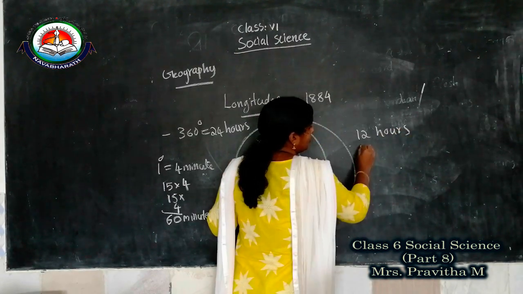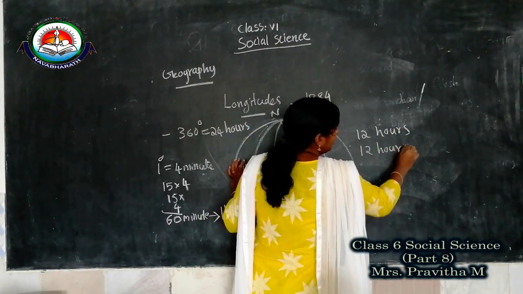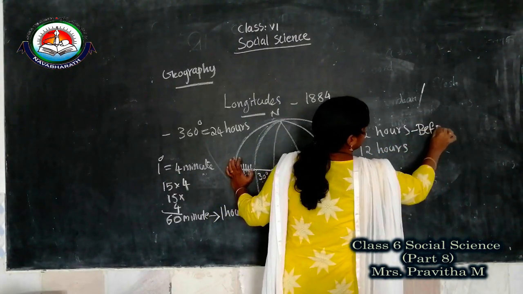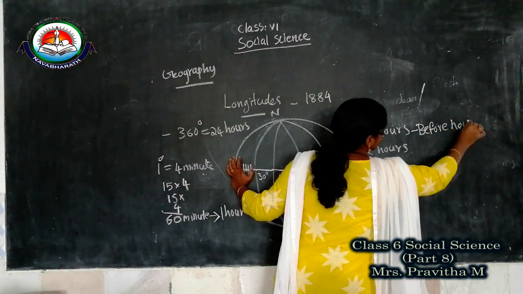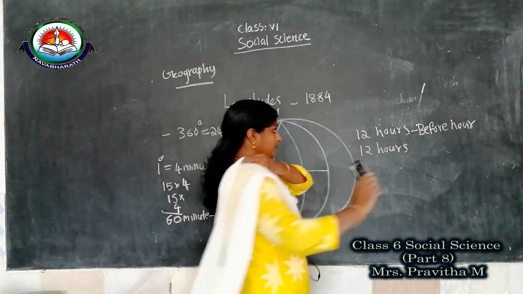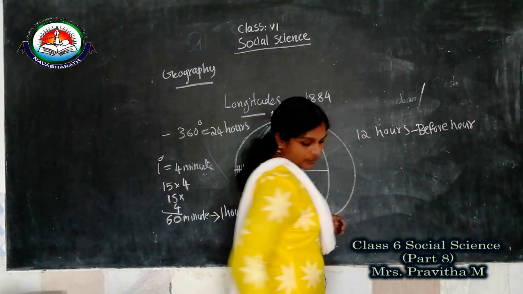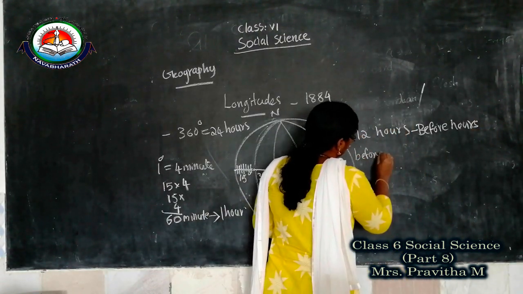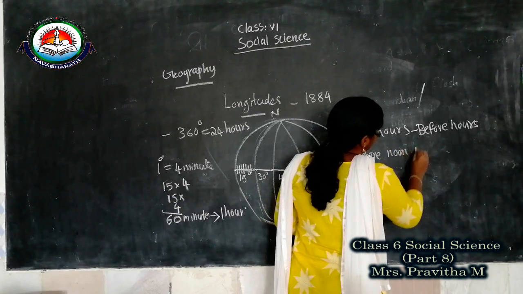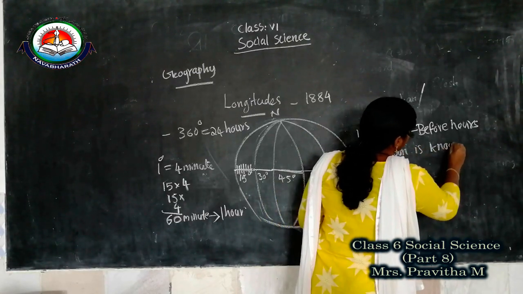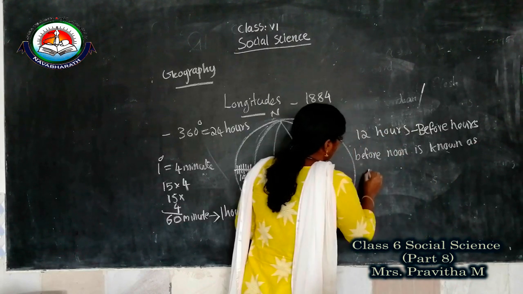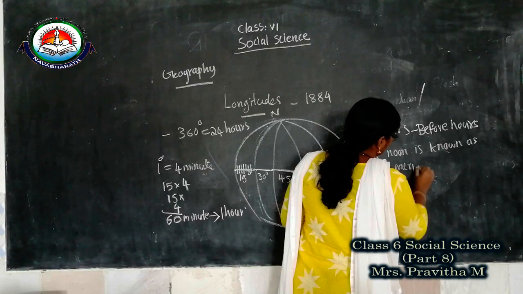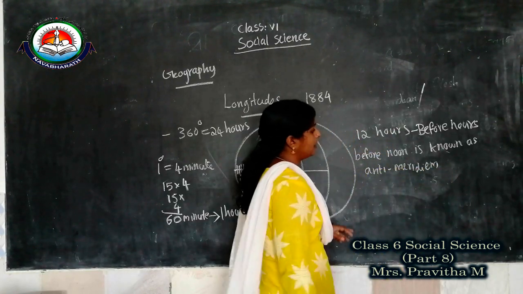The 12 hours before noon is known as anti-meridian, or AM.